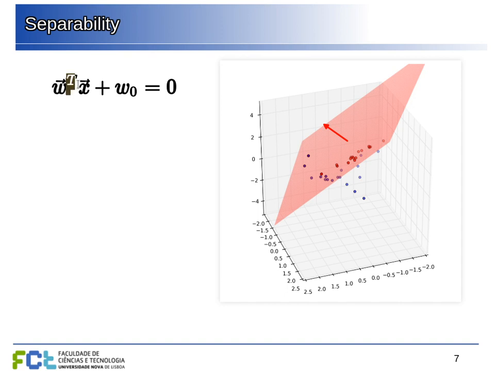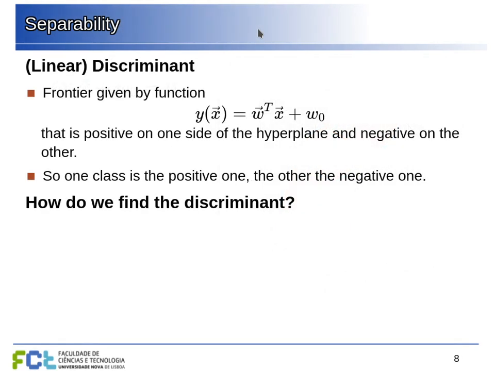So with this expression, we can find a way to not only create the discriminant, the linear discriminant. This is the plane where the value of this expression is 0, but we can also distinguish between two sides, the positive side and the negative side. And this way we can separate the two classes using this discriminant.